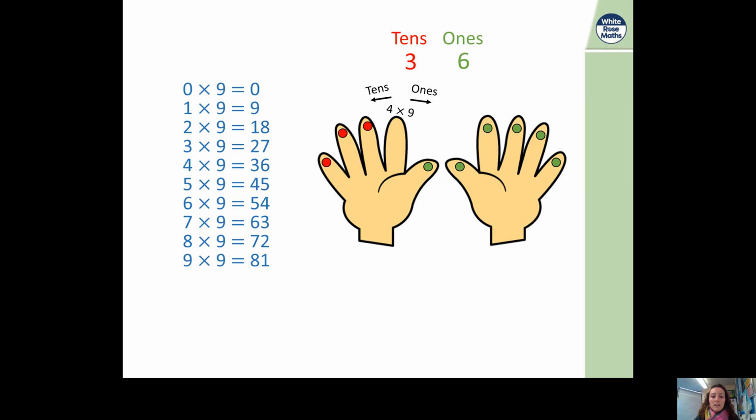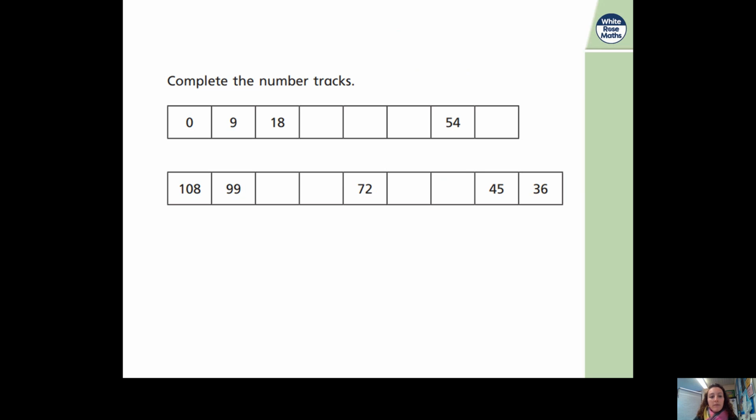And 9 times 9, you've got 8 10s and 1 little finger left. And if you hold down the last one, you've got 9 10s and no 1s left. So if you can't quite remember your 9 times table, that's a little trick to help you remember.